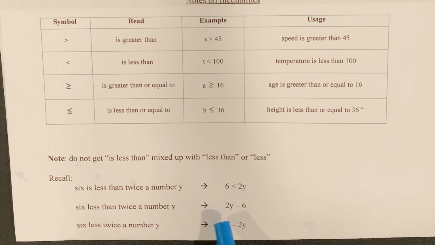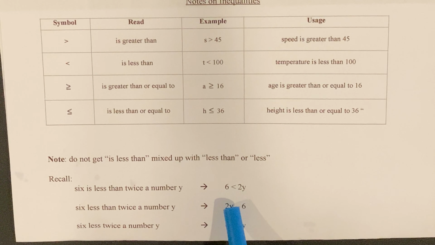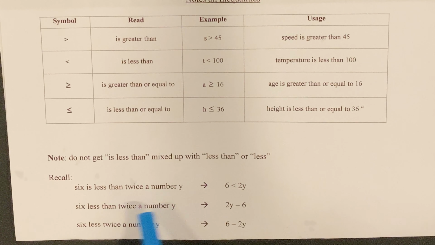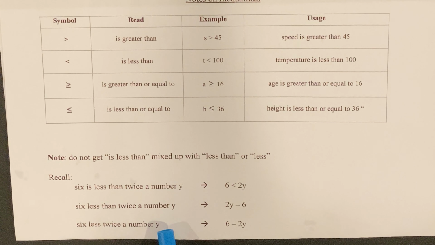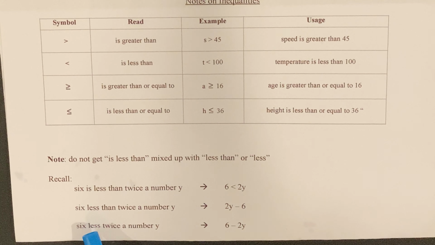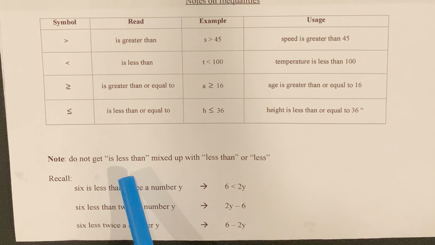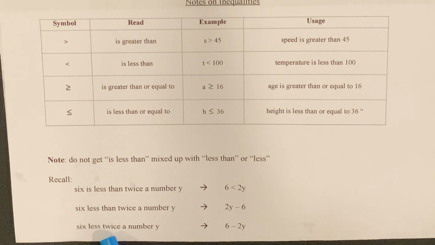What that looks like is 6 less than 2 times y. 6 less than twice a number y, then you have 2y minus 6. Because it's not asking you "is less than," it's saying 6 less than twice the number. Do you see the difference? "Is less than" versus our subtractions.